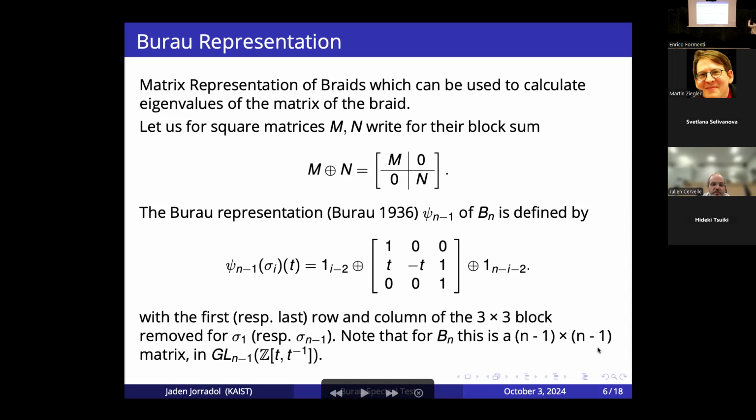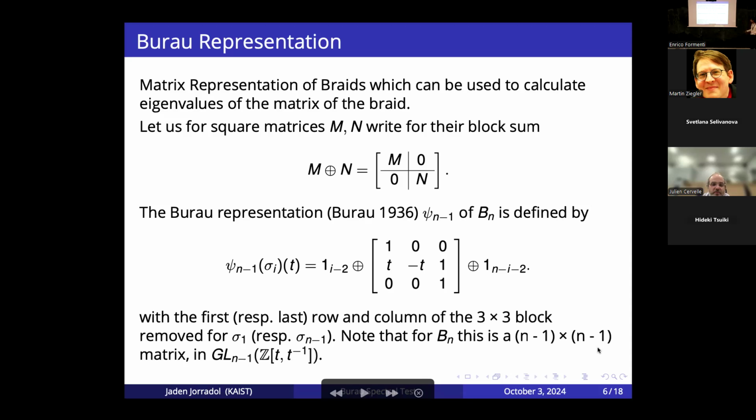So if you multiply it together, you can see that it has the same properties as the Artin generators. And for the inverse, you just take the inverse of this matrix. So it's going to be something like minus t inverse here. I'm not sure, something like that.